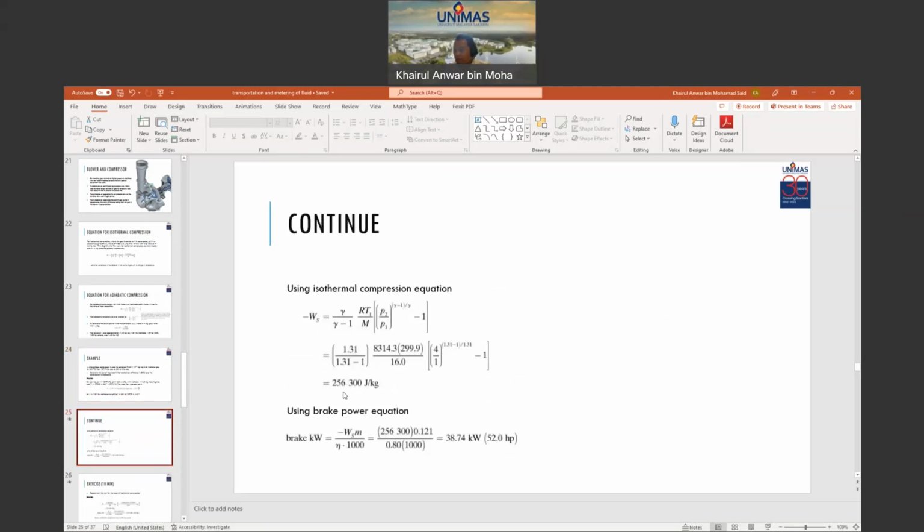You should get 256,300 joule per kilogram. Using the brake horsepower equation, we get 38.74 kilowatt for adiabatic compression.